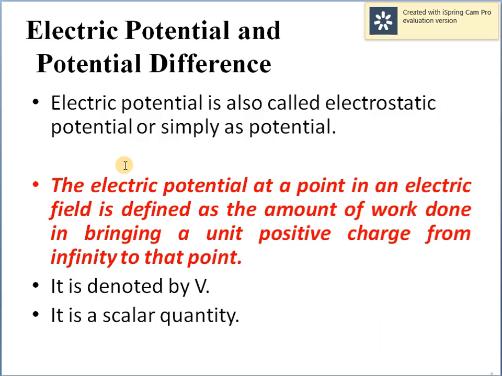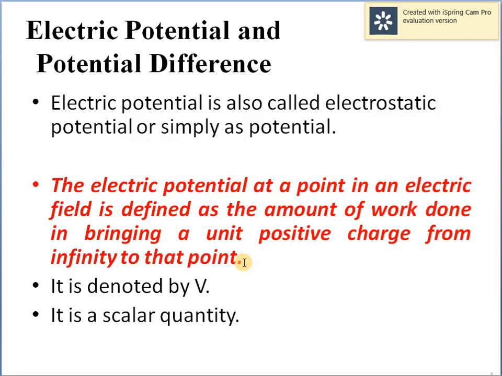The definition of electric potential at any point in an electric field is the amount of work done in bringing a unit positive charge, which is also called test charge, from infinity to that point.